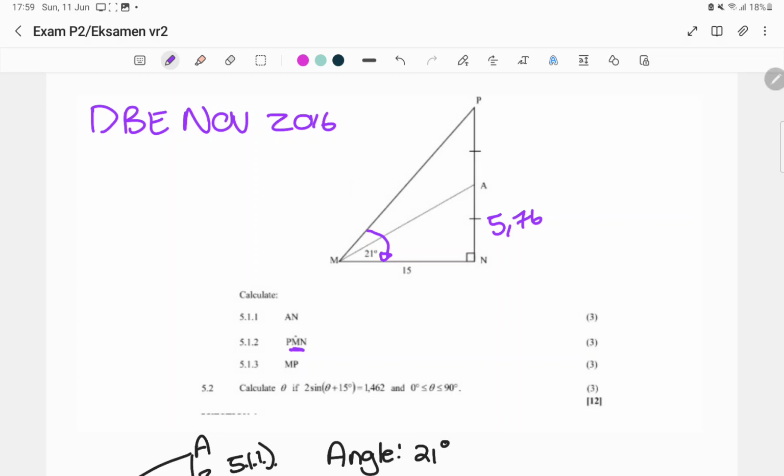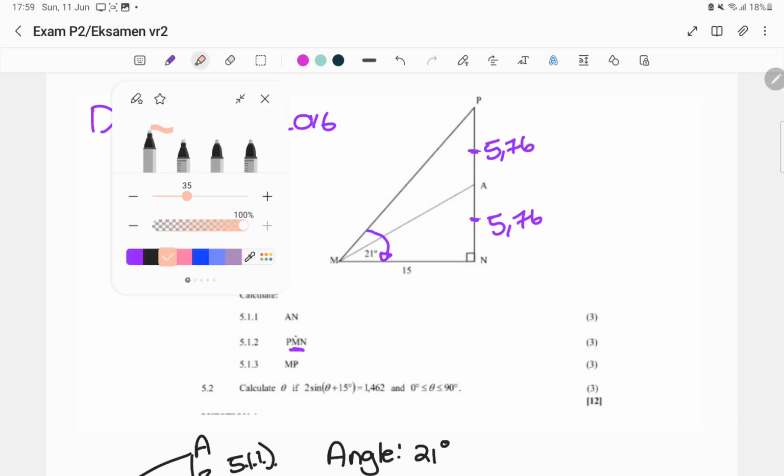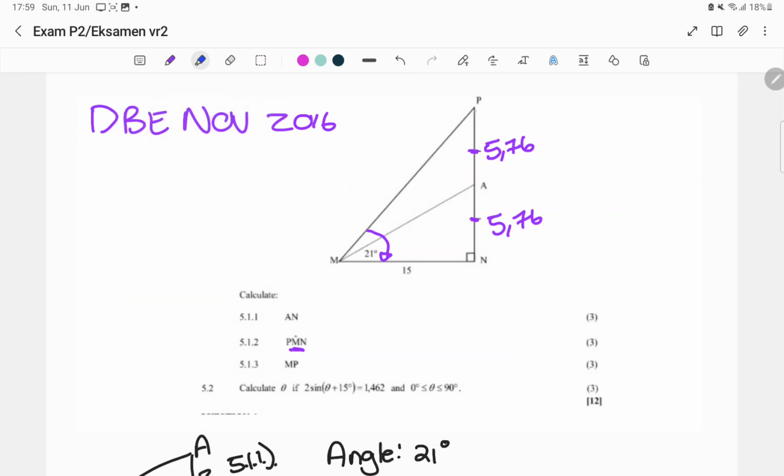One thing we can see is that this side and this side are equal to one another, so this side here is 5.76. Now, what we want, is it in my small triangle or in my big triangle? I want the entire angle M, so it is part of my big triangle.